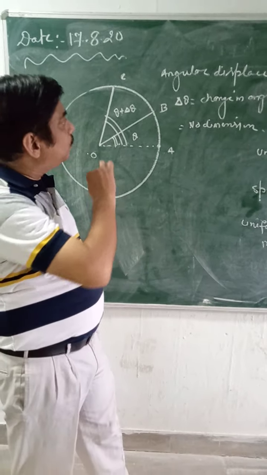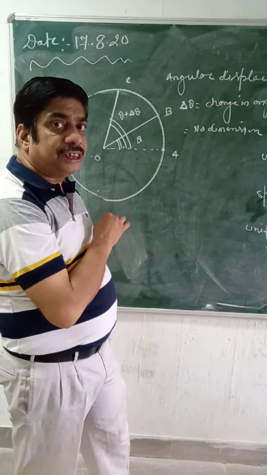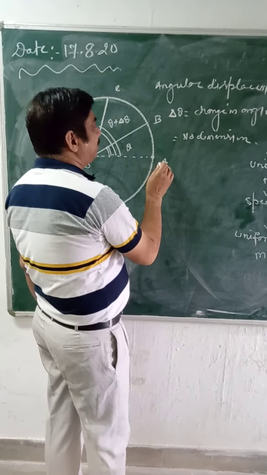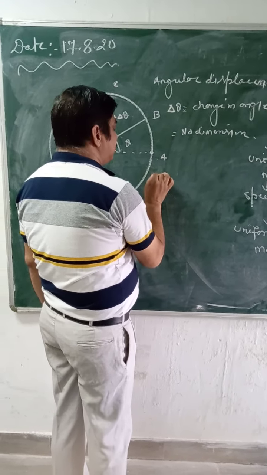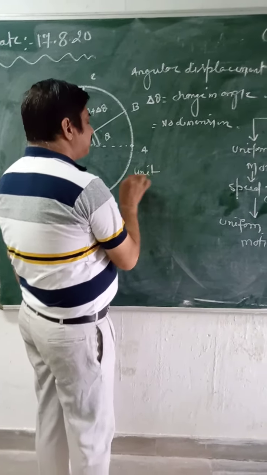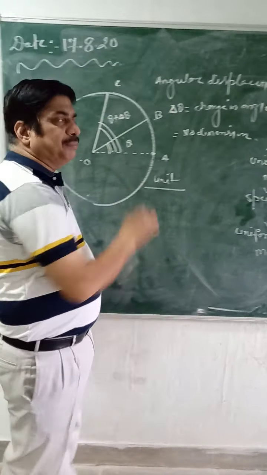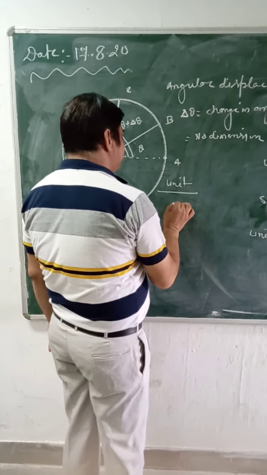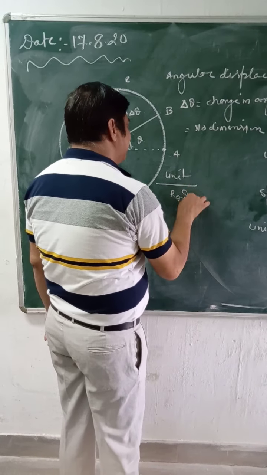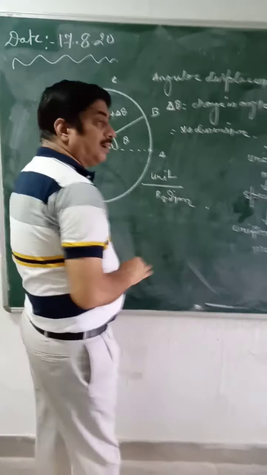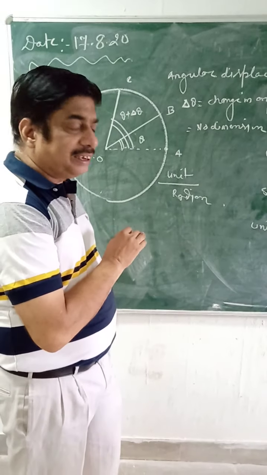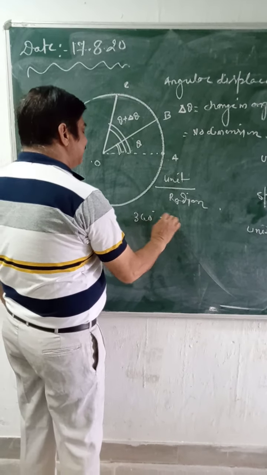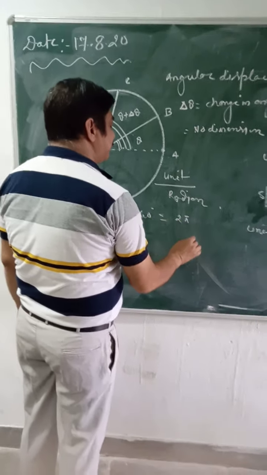Now, what is the unit of the angle? You know very well about the unit. Angle can be measured in degrees or radians. So this unit is radian. How can this radian be calculated? As we know, 360 degrees is equal to 2 pi radians.